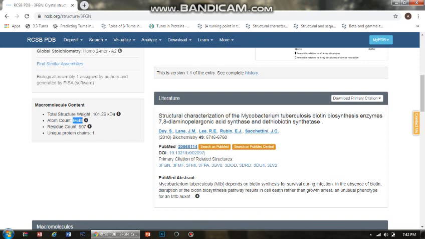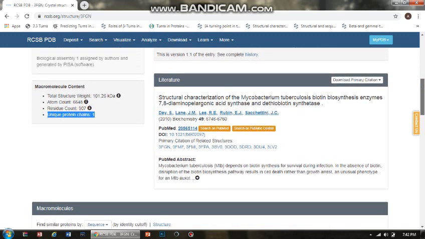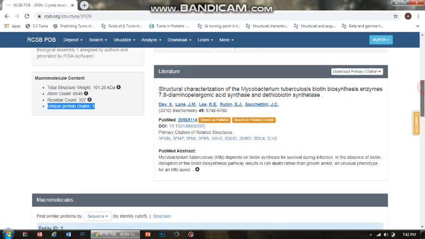Then you can have an idea of the total number of amino acids, that is 907. Then it says that this protein has a unique chain. Unique chain means that there is only one possible sequence for the set of chains, right?